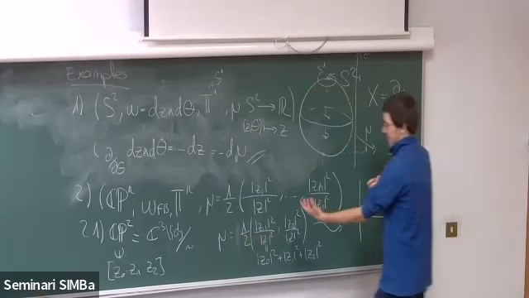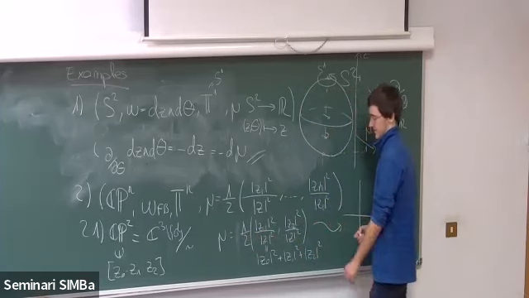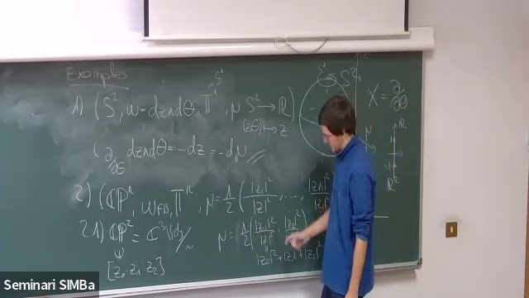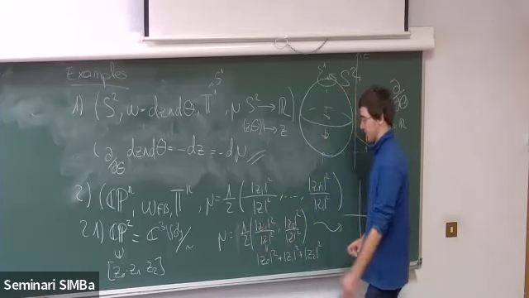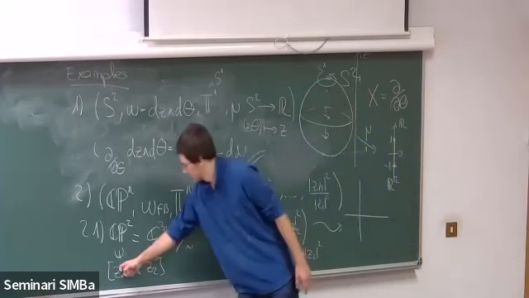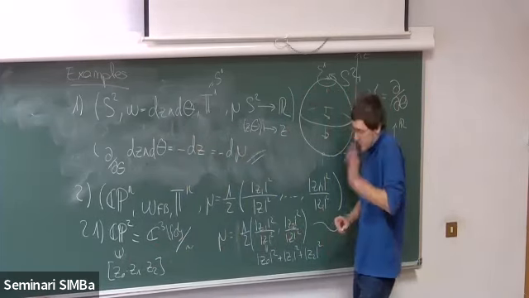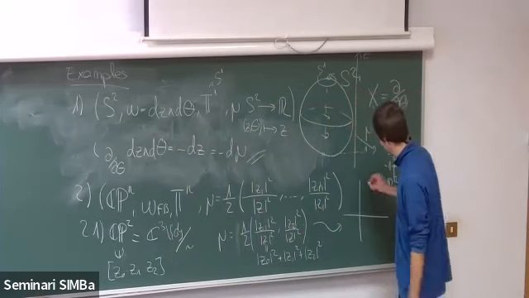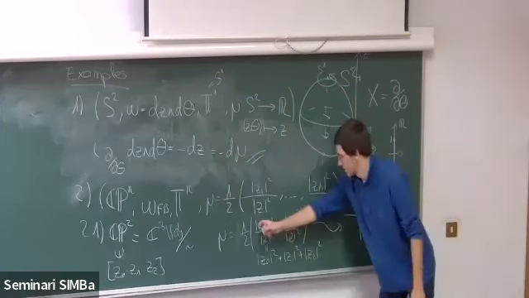And the equality can be made by the point, in this case 0, 1, 0. So if z is 0, 1, 0, this is 1 and this is 0. And this is the only point where the equality is realized. So the 0, 1, 0 corresponds to the 1/2, 0.